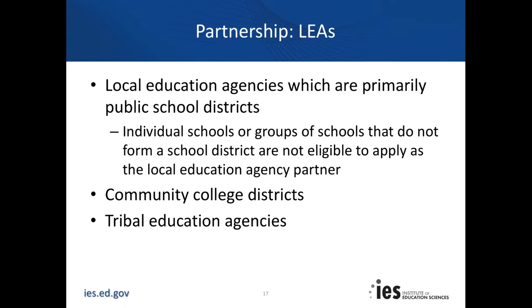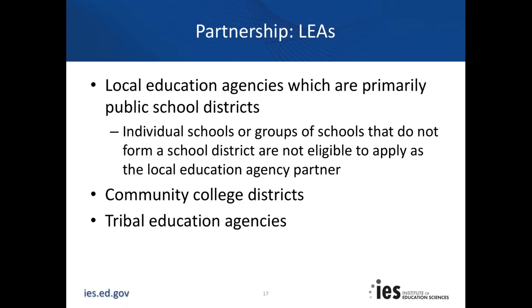Other organizations that can be useful partners but cannot serve alone as the agency partner would be organizations made up of LEAs and sometimes other organizations such as universities or practitioners. For example, research and implementation networks that do not have decision-making authority over the implementation of policies and programs within the LEAs. They need to have some of the LEA members join as the education agency partner.